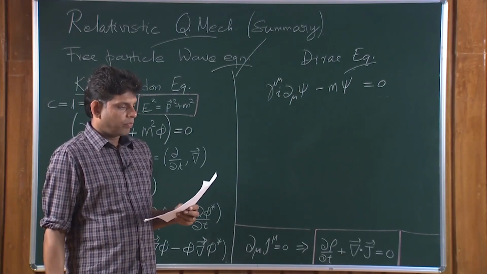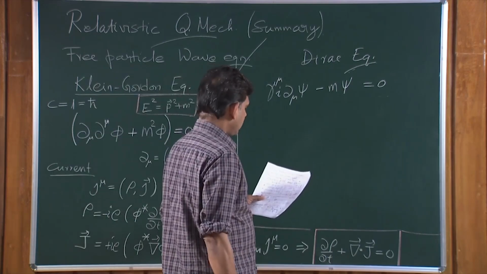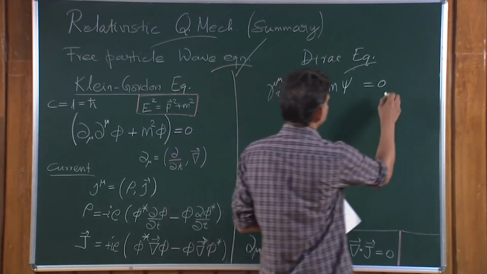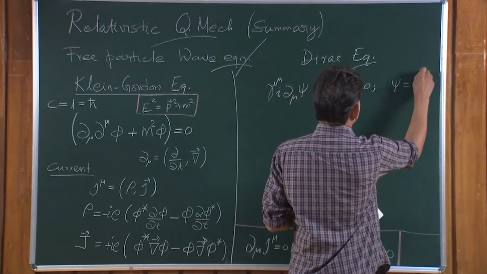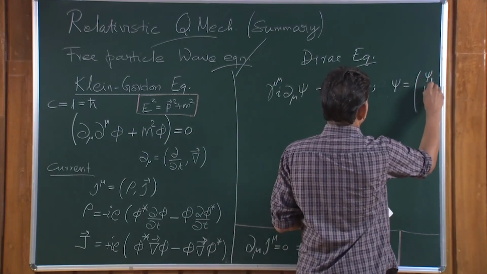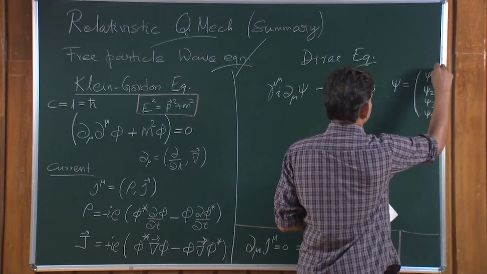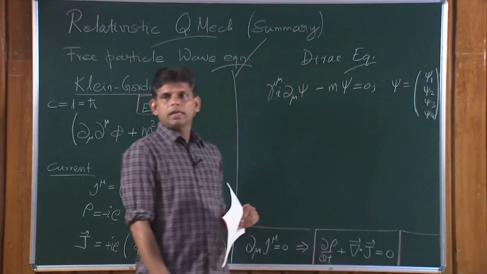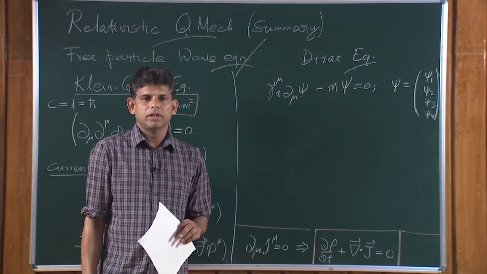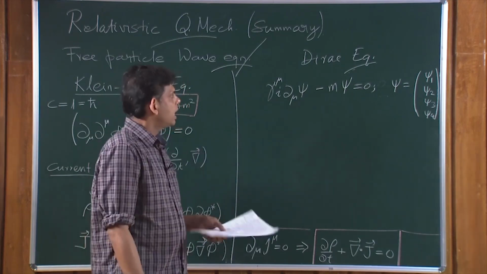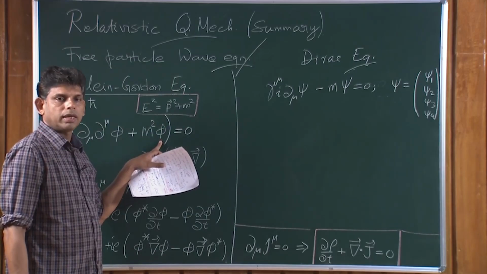So, this now is called the Dirac equation, and psi itself is a 4 component object, which in matrix form can be represented as a column matrix psi 1, psi 2, psi 3, psi 4, unlike a single complex object like phi.